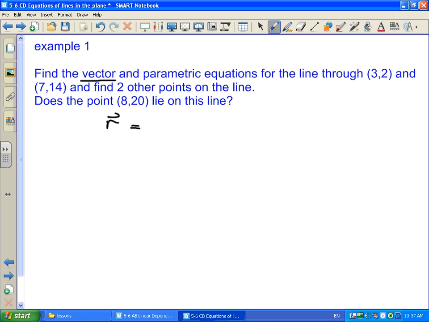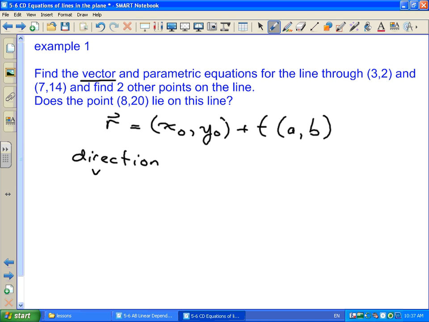So our vector equation is, of course, going to look like this, where we need some point on the line and we need some direction vector. How can we find that direction vector?